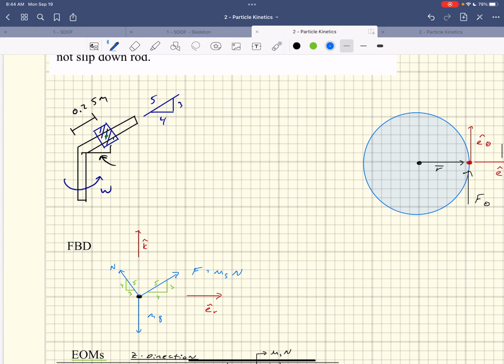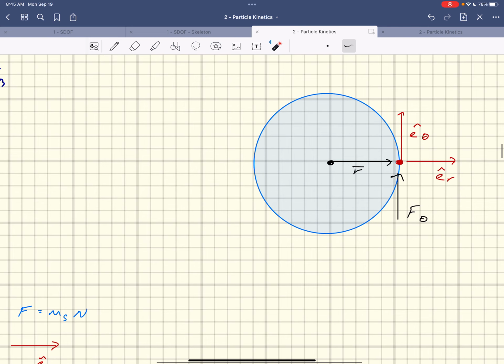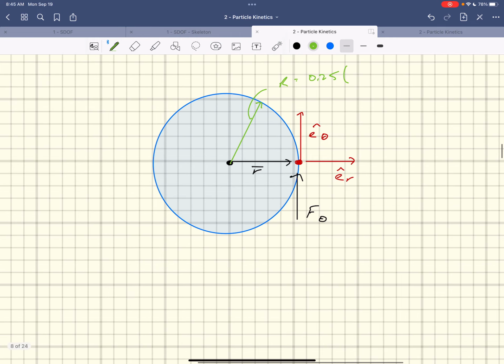So, right, what they give us is 0.25 meters, right? That's the distance from the origin up to that. But the circle that it's actually rotating around is the horizontal component of that, right? And so instead of being the full 0.25, it ends up being that radius right there. Let's make it a different color. This R right here is equal to 0.25 times 4/5.